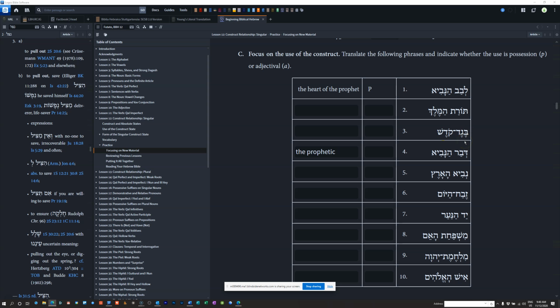But there are going to be times when you have construct nouns that don't have the makef and they don't look any different. And in those situations, really context is the only way to tell whether it's construct or absolute. Usually when you have two nouns right next to each other, especially if one lacks the article or any sort of definitizing feature like possessive suffixes or anything like that, and it's right next to another noun, especially if that next noun does have the article, that's a pretty good indication that you've got a construct relationship, because otherwise it would be difficult to translate.